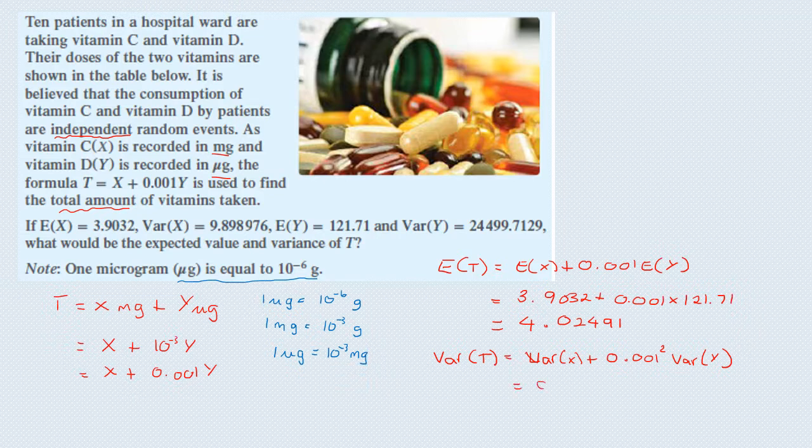Once again, you can check it yourself, but we get this answer here. I've said it a lot, but I want to reiterate: these formulas work because what we're doing is changing the scale. We are not changing the initial values that gave us that mean and standard deviation. We're not actually changing the spread of the data or the mean. We're just changing the scale that it was measured on.